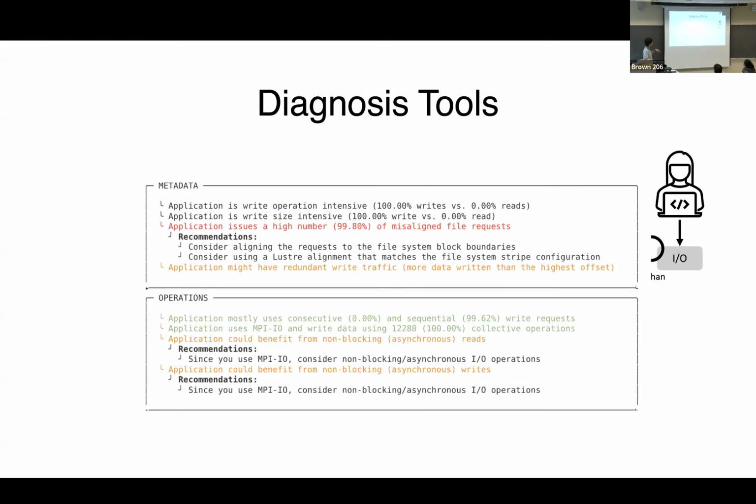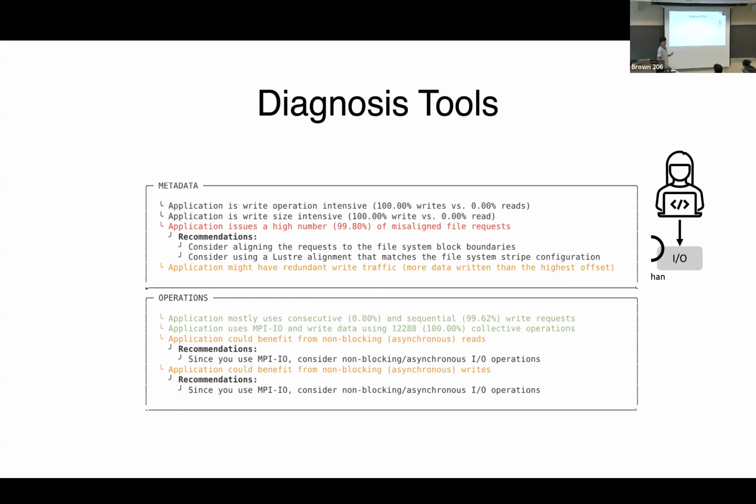This is what Drishti could provide you when you give the tool a trace file. Here, the red one shows some issues. It says the application is doing a lot of misaligned file requests, so the recommendation is you should maybe try to fix it. How to fix it? Those are basically predefined recommendations.